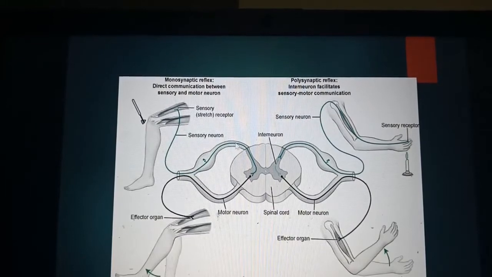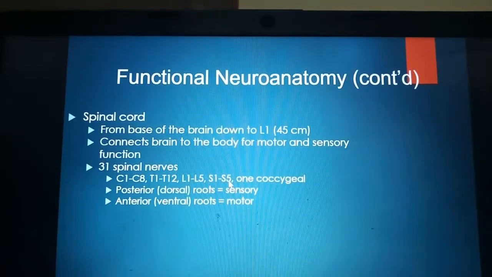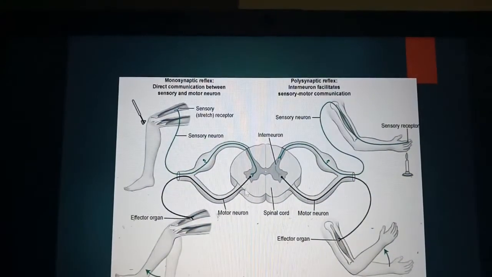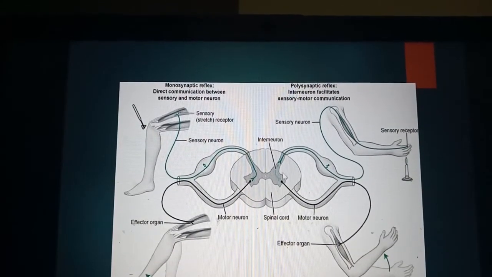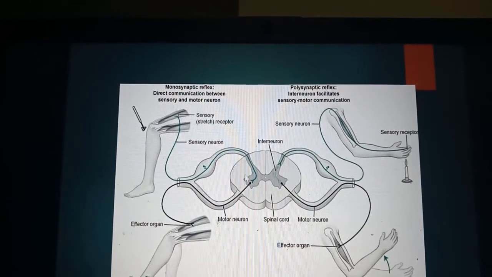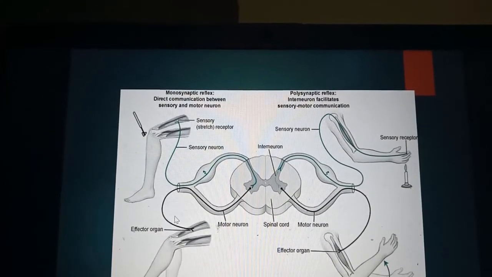Okay, here are the sensory and the motor. So the anterior one is the motor and the posterior one is the sensory. Okay, so each vertebra, there are 31 pairs of spinal nerves, and they provide the sensory and motor function.